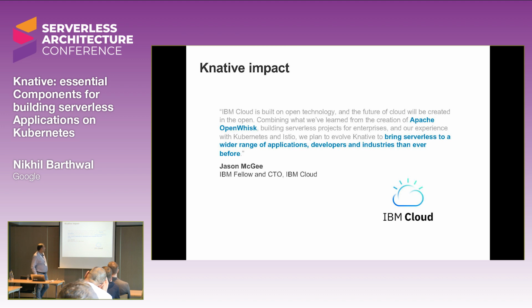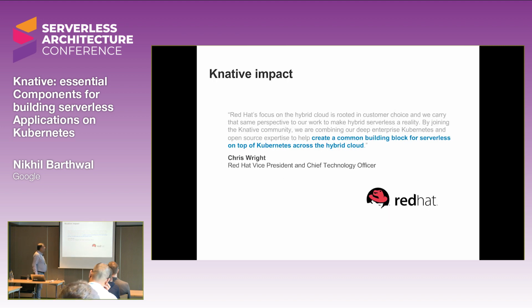IBM Cloud also uses Knative. They had OpenWhisk, and then they took a lot of learnings from OpenWhisk. By the way, I think I have a slide on the stack, but between Knative and Kubernetes there's also Istio, so I'll talk about Istio. But anyway, that's IBM, and that's Red Hat, right? They have common building blocks for their hybrid cloud.